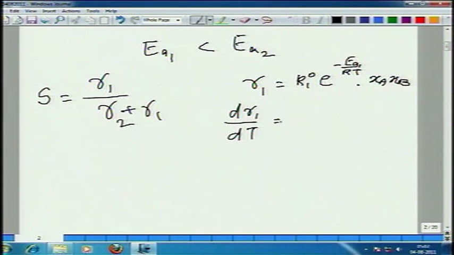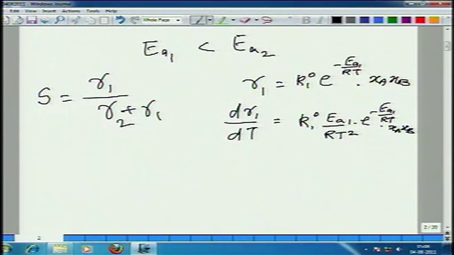What will I get? K1 naught is constant, minus, I think it will be EA by RT square, and minus will cancel out, times e to the power minus EA1 by RT, times XA XB is constant.